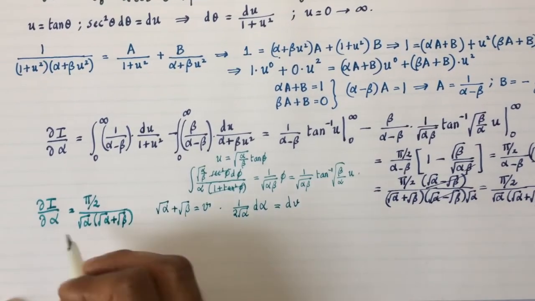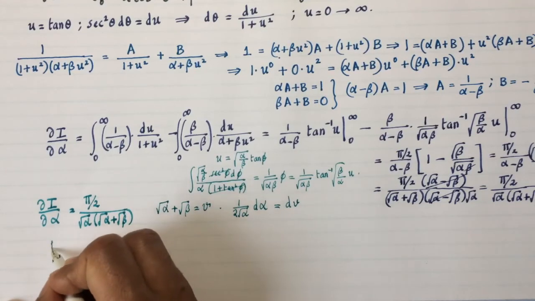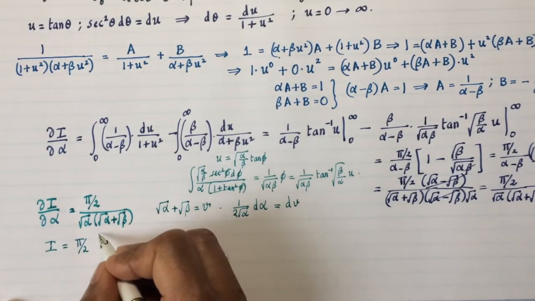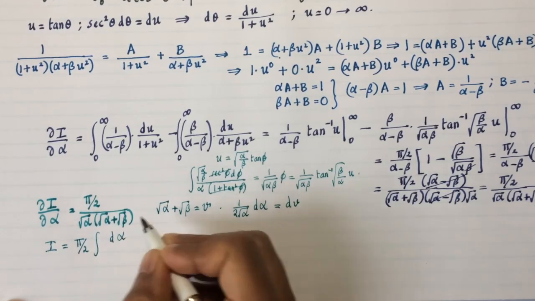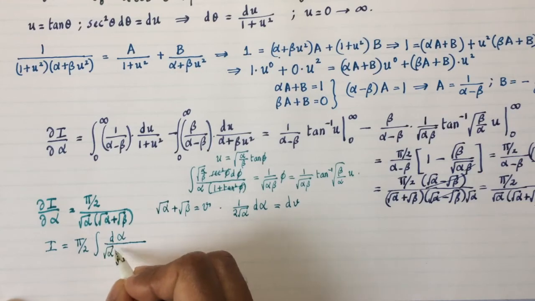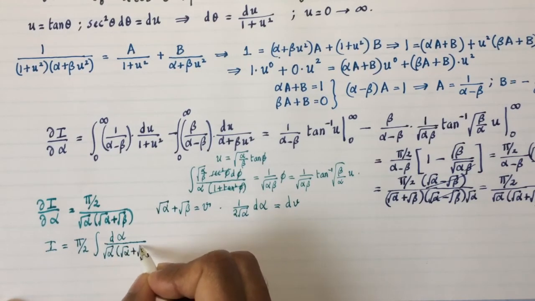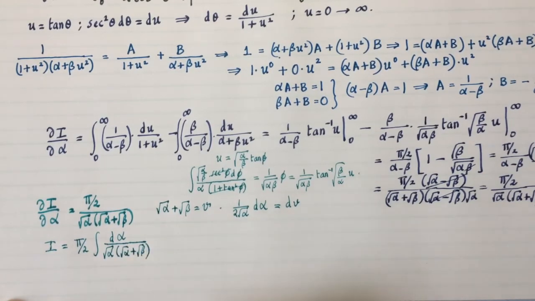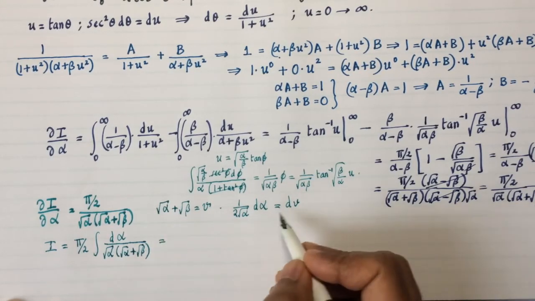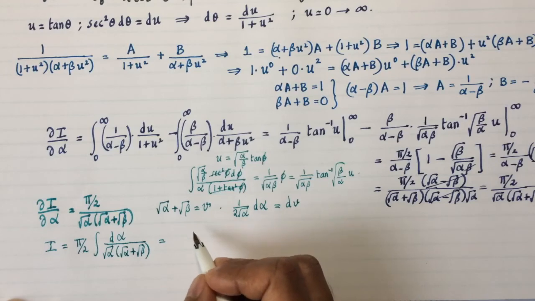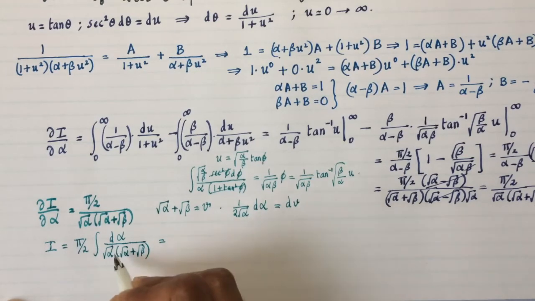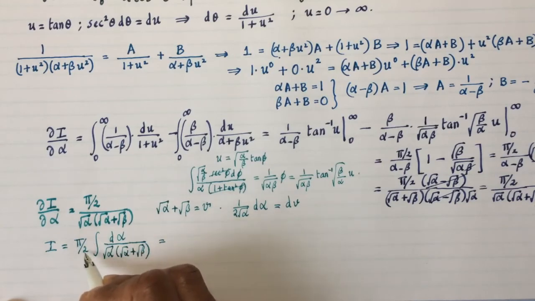So when I try to integrate this, I'm going to get I equals pi over 2 the integral of d alpha divided by root alpha times root alpha plus root beta. All right, and I'll use the v substitution and I'll end up getting this is equal to that the root alpha is already there, okay, and the 2 is already there also.